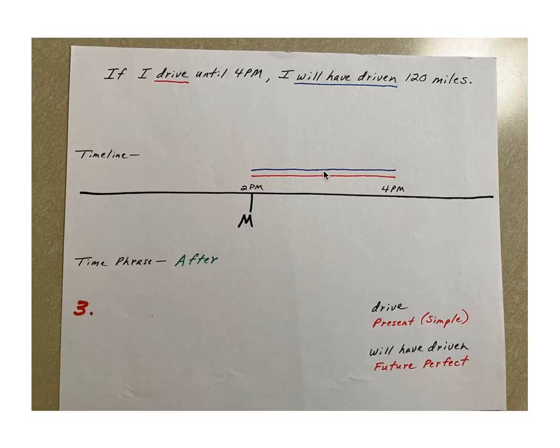And that's the blue line. So you see clearly that the time phrase, the helpful phrase you can think in your mind, is after the moment of speech. In other words, the action of either verb will be after the moment of speech. And here's your verb tenses for those verbs.